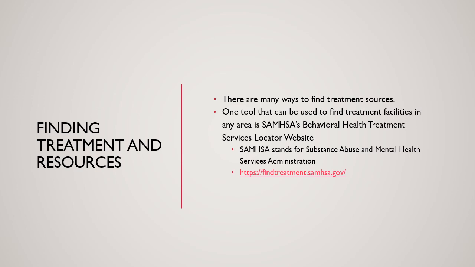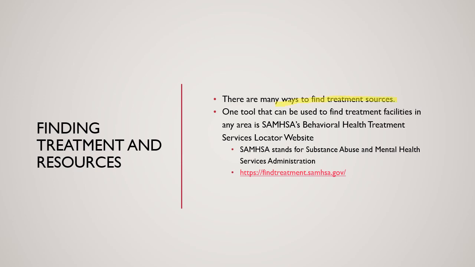Now we're going to move on to our third and final topic for Lesson 7, which is finding treatment and resources. In previous lessons, we've seen that substance use disorder is rather prevalent in the United States, so naturally there are many ways to find treatment sources.